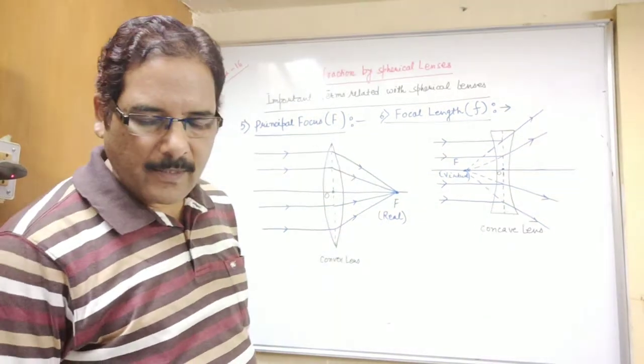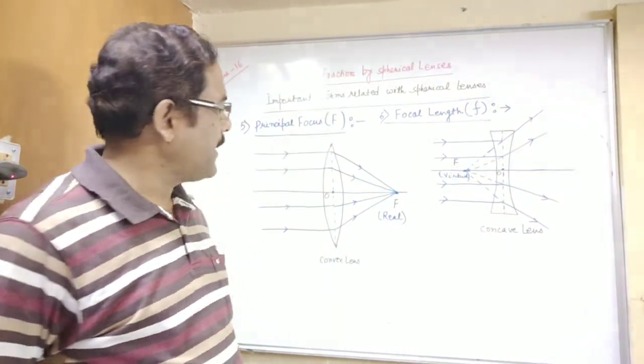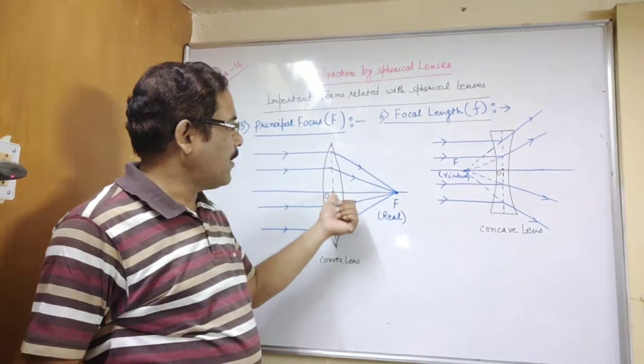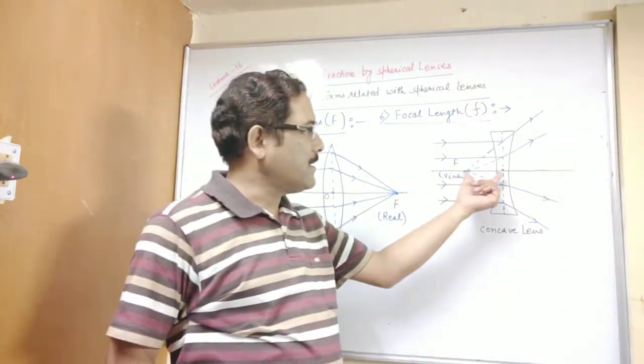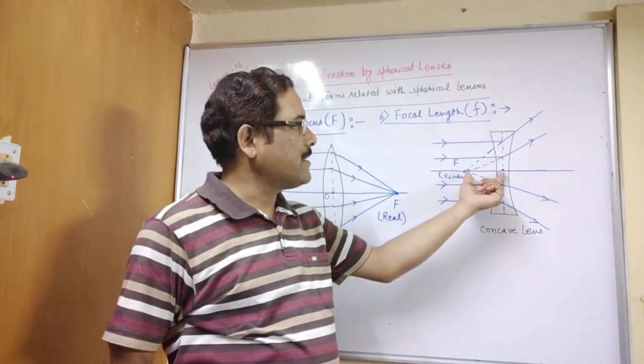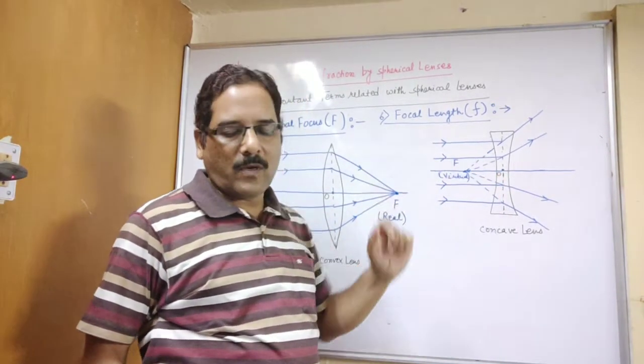So focal length is simply the straight line distance between the optical center and the principal focus of a lens. This distance between the optical center and principal focus.